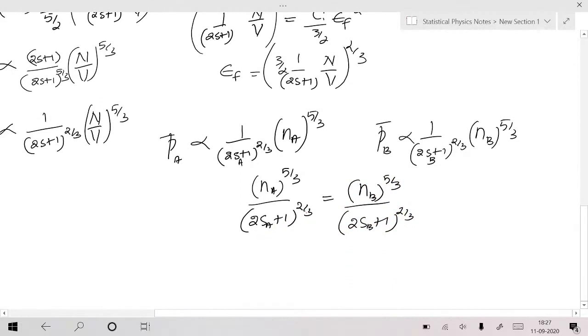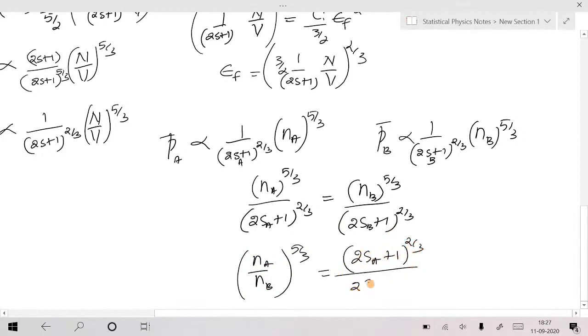Later you should find some easier way, okay? So I can write nA by nB, that's what he's asking, raised to 5 by 3 is equal to (2SA plus 1) raised to 2 by 3 divided by (2SB plus 1) raised to 2 by 3.